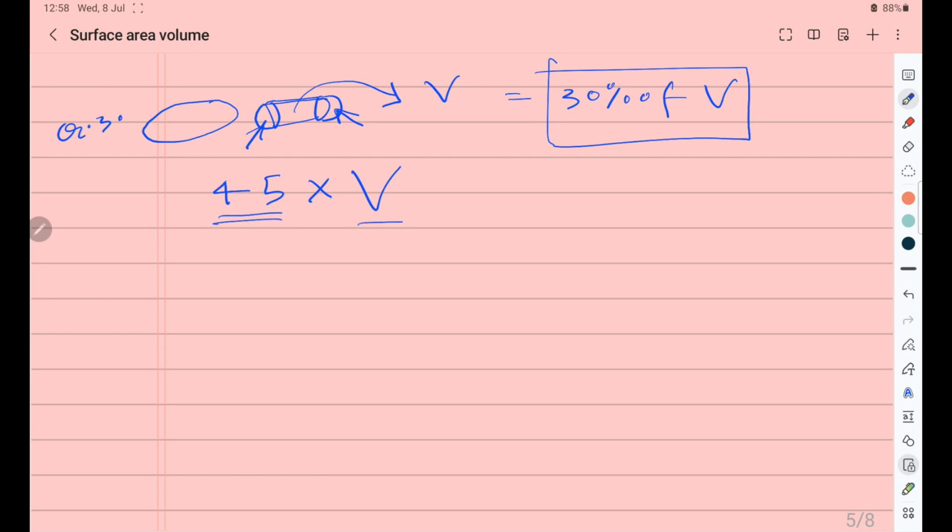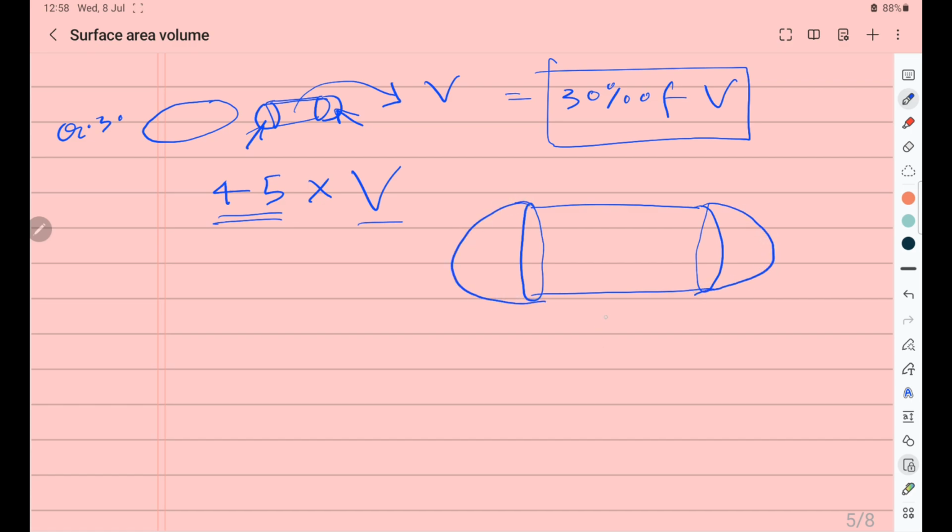One gulab jamun has volume V, let us assume, and every gulab jamun is shaped like a cylinder with two hemispherical ends. Let us make it a little bigger. So this is a cylinder, and this is a hemisphere, this is a hemisphere.